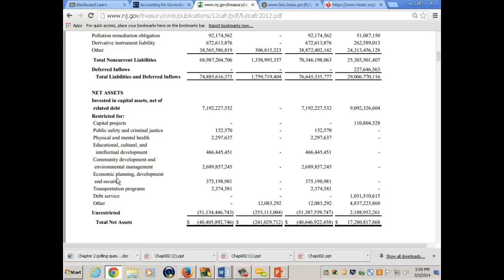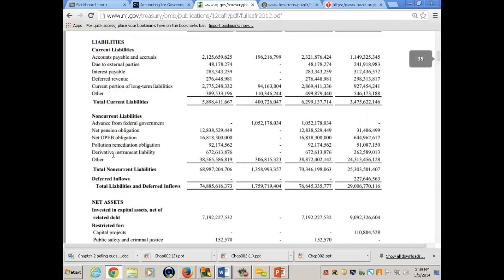Negative what? $40 billion. And that's principally due to non-current liabilities, pension obligations and OPEB obligations, and other. Ever see a number, $38 billion other?